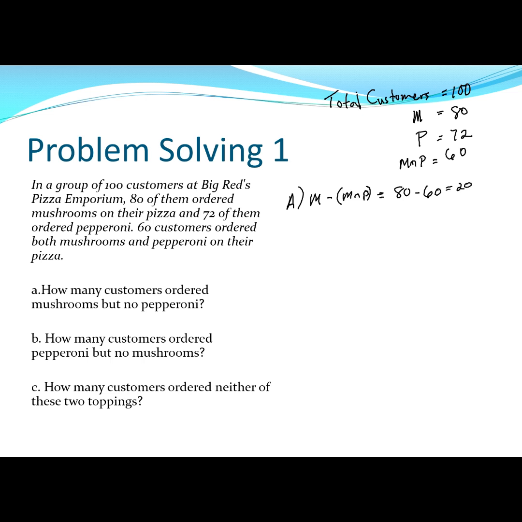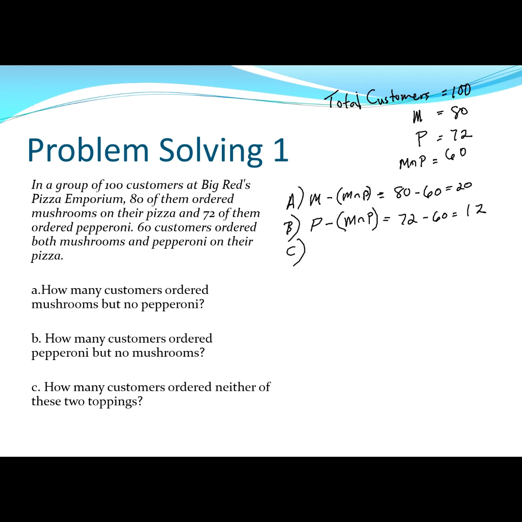That gives us 20. Now B says, how many customers ordered pepperoni but no mushrooms? That's simply pepperoni minus mushrooms with pepperoni, which equals 72 minus 60. That's going to equal 12.